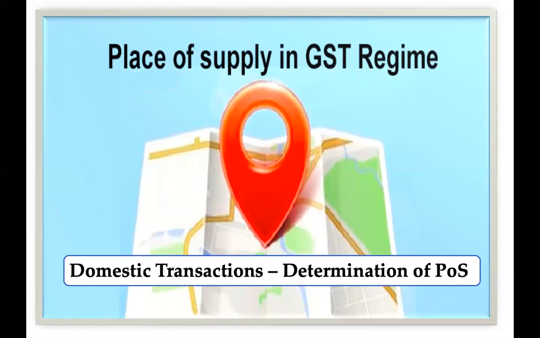Today, we will make a beginning towards this topic, where initially we will take up the discussions relating to place of supply of both goods and services. On goods and services, we'll first start with a domestic transaction.